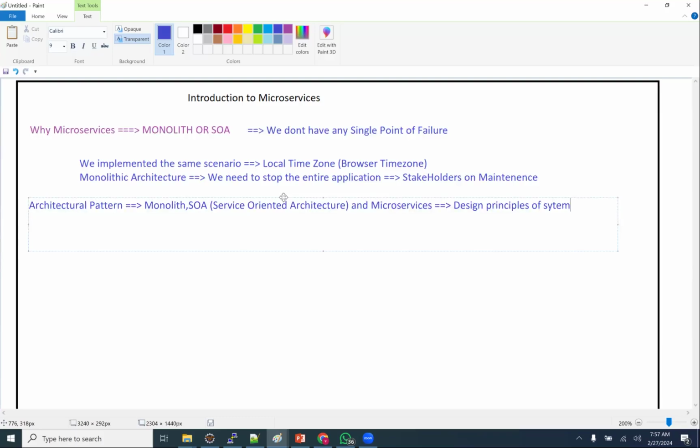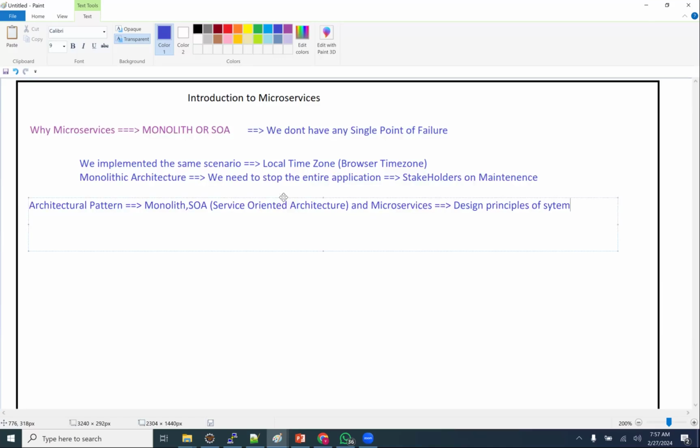By default, monolith, SOA, and microservices are the architectural patterns. With these architectural patterns, we can design the system in an efficient way.